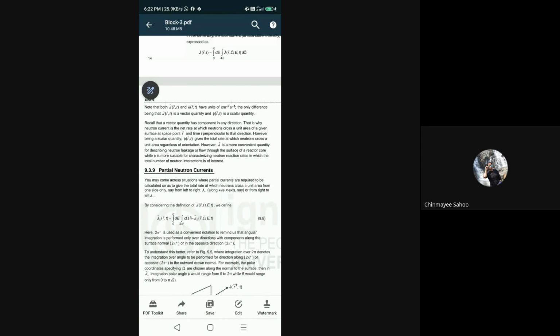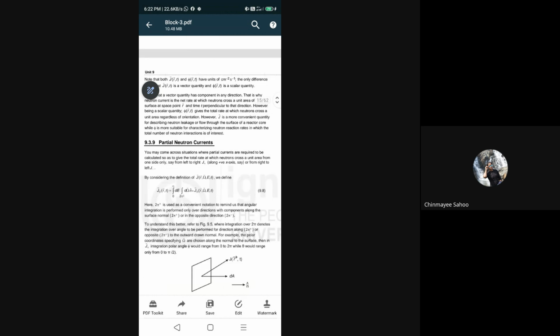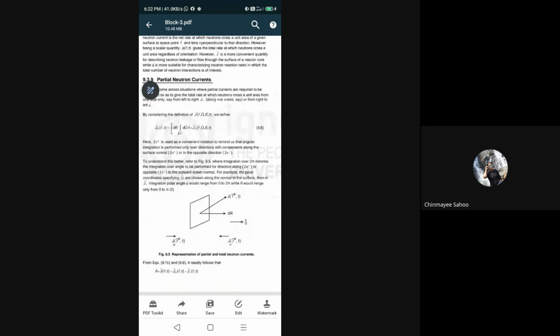Here 2 pi plus minus is used as a convenient notation to remind us that angular integration is performed only over directions with components along the surface normal, that is 2 pi plus, or in the opposite direction 2 pi minus. To understand this better, let us integrate over 2 pi, with the integration over angle performed for directions along 2 pi plus or opposite, that is 2 pi minus, to the outward drawn normal.